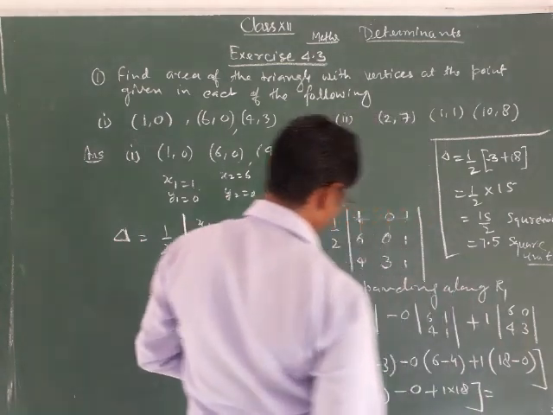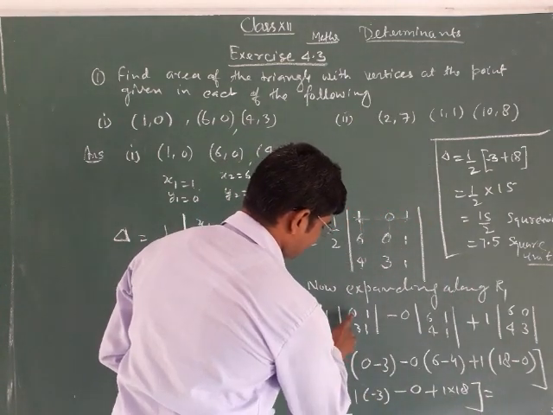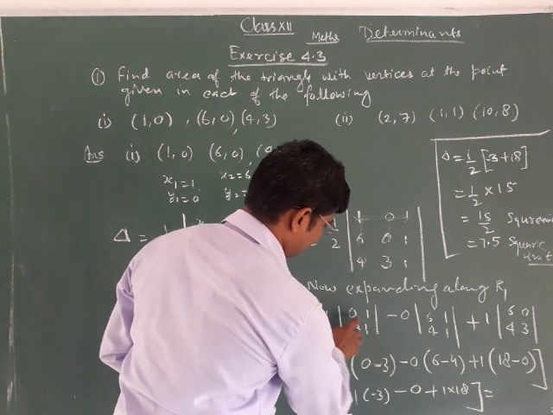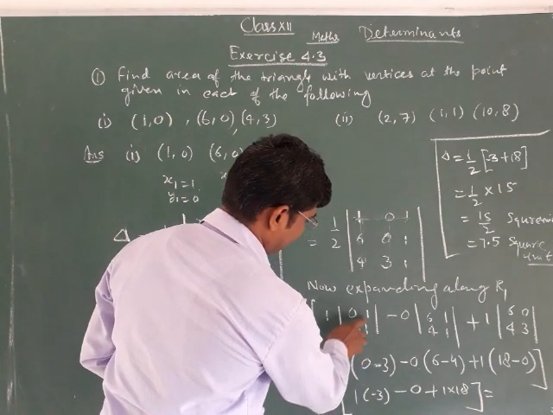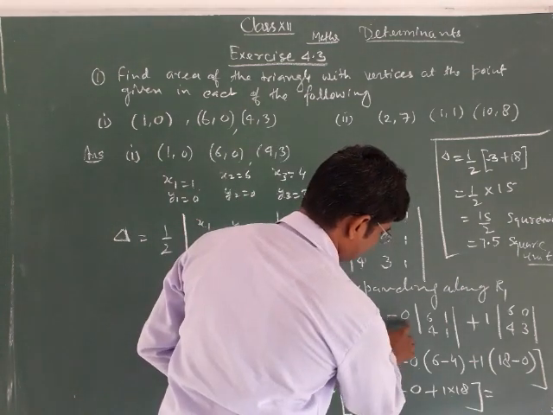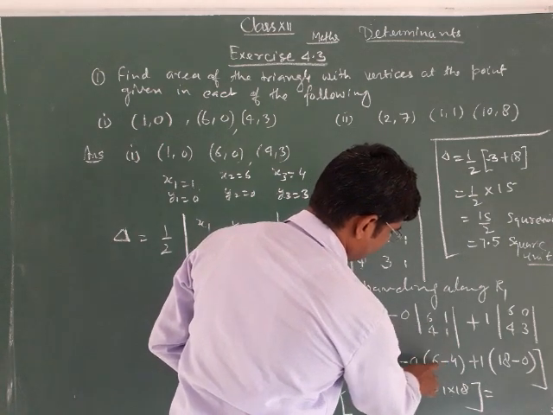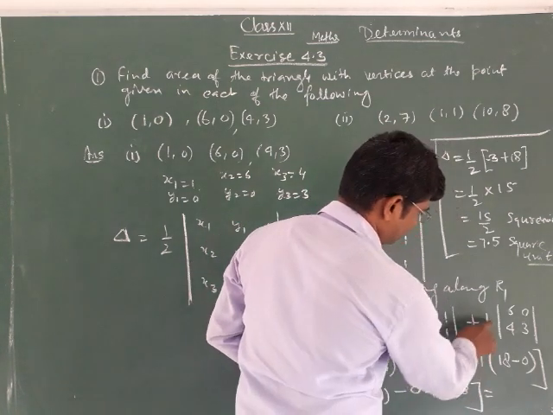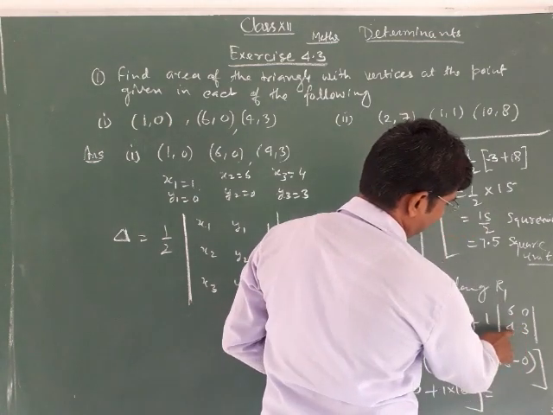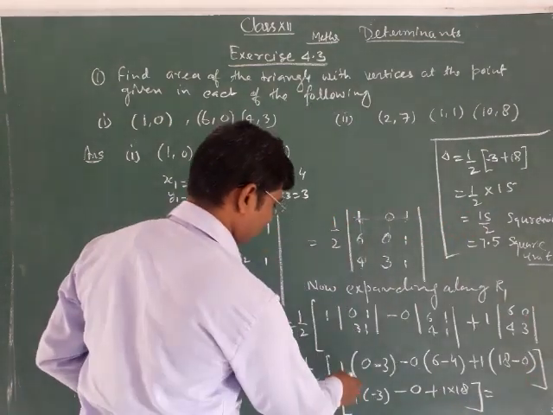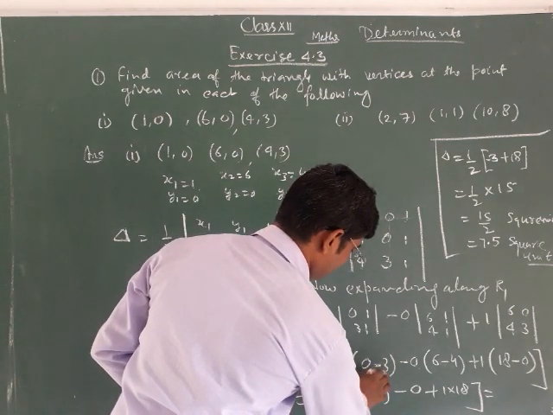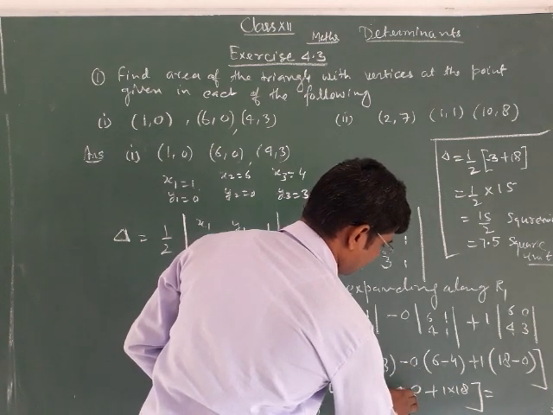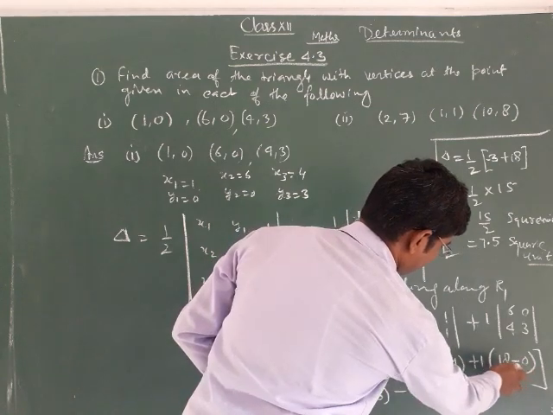Now calculate it. 1 (0 into 1, this is 0, minus 3 into 1, which is 3), minus 6 times (0 minus 3, which gives 0 after multiplying), plus 4 (6 into 3 is 18, 4 into 0 is 0), so 18 minus 0 is 18.